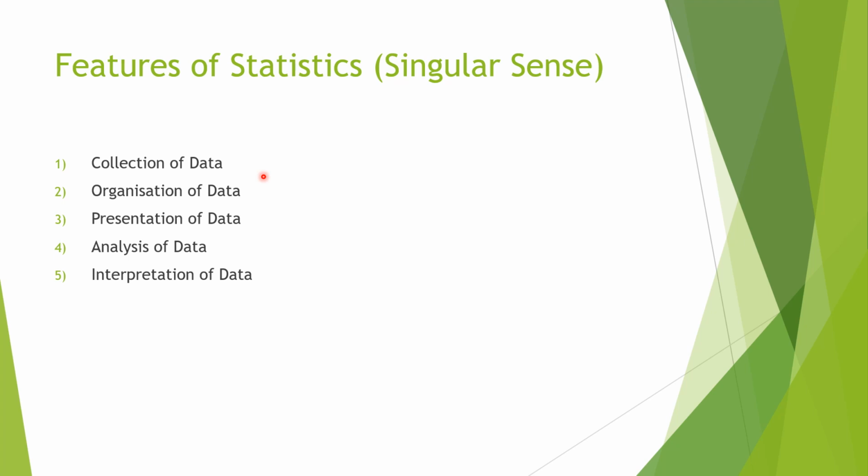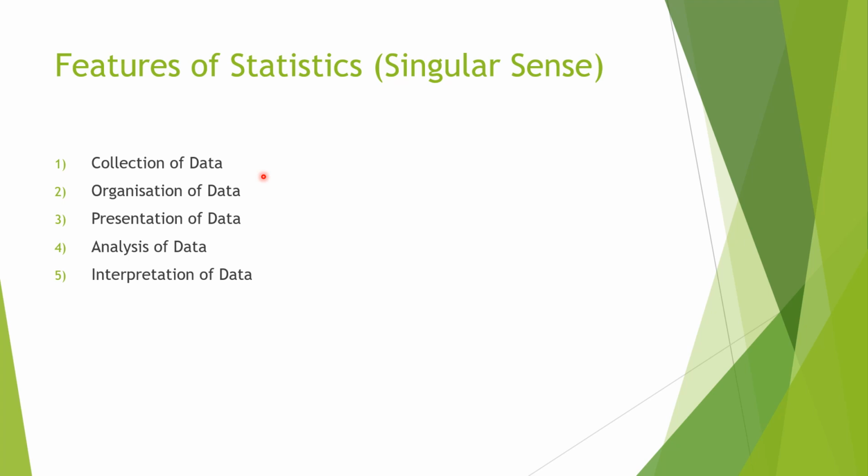That data are termed as primary data. And when we use somebody else's information for our investigation or research purpose, that data are termed as secondary data or second-hand data. So the first step is the collection of data, and under collection we have 2 methods, primary and secondary.